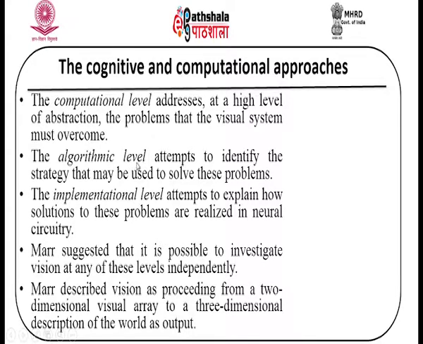The algorithmic level attempts to identify the strategy that may be used to solve these problems. The implementation level attempts to explain how solutions to these problems are realized in the neural capacity as such. Marr also suggested that it is possible to investigate vision at any one of these three levels independently. Marr described vision as proceeding from a 2-dimensional visual array to a 3-dimensional description of the world as output.